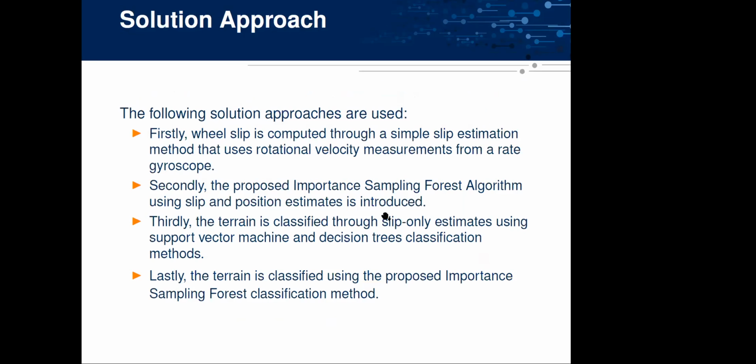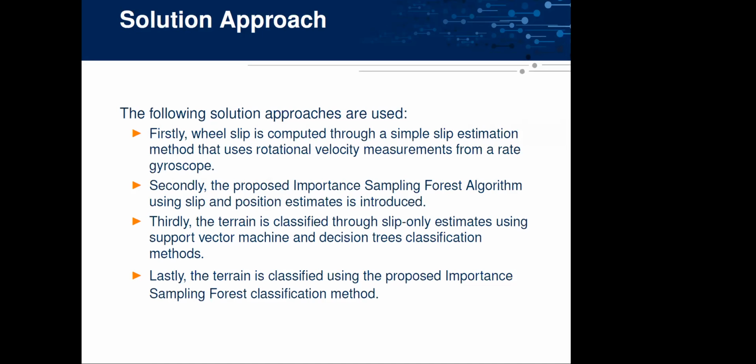So the solution approach for the problem that we had was we would calculate wheel slip estimations or measurements using rotational velocities. This is because we wanted to differentiate or classify the terrain using a simple method that doesn't require additional sensors or anything extra.